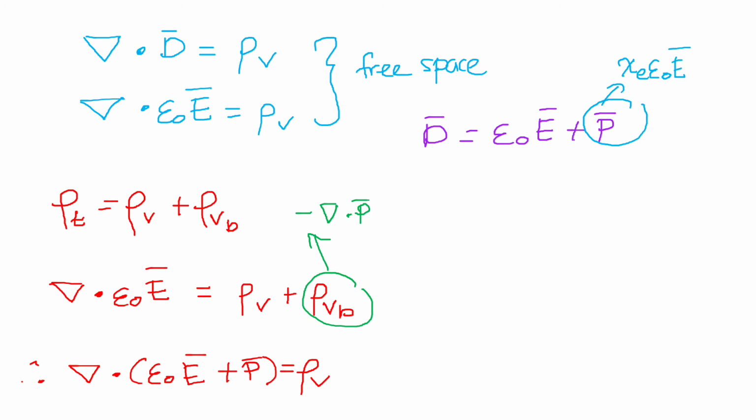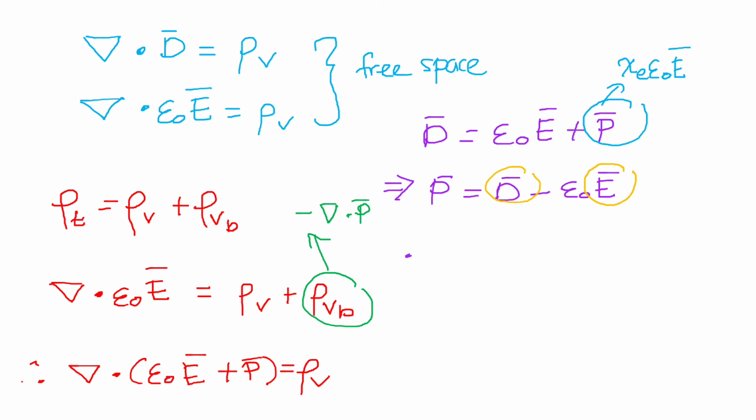So we can write it like this. Now we know that this D and E can be found using Coulomb's law or Gauss's law.